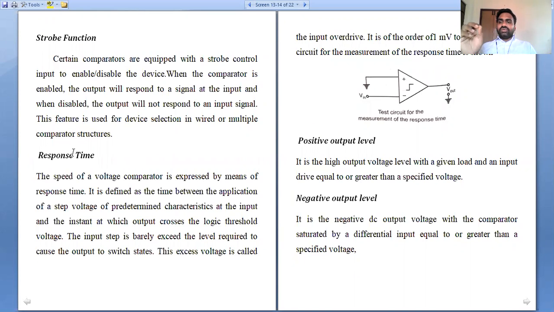When an input signal is given to the comparator, at what particular time the comparator responded and delivered the output. The actual operating time of the comparator when the input signal is given is called the response time.